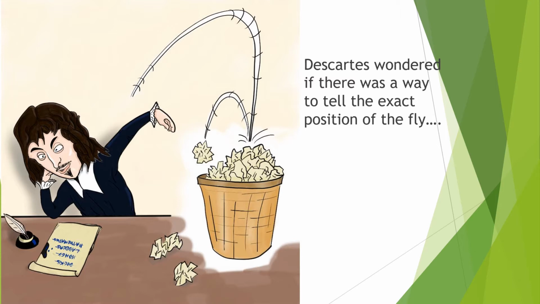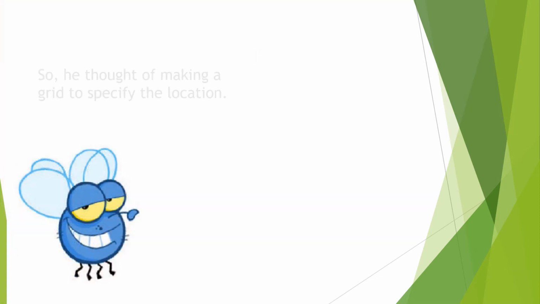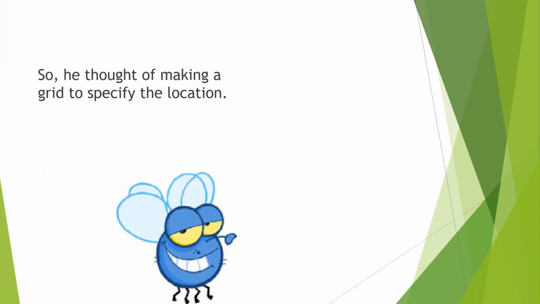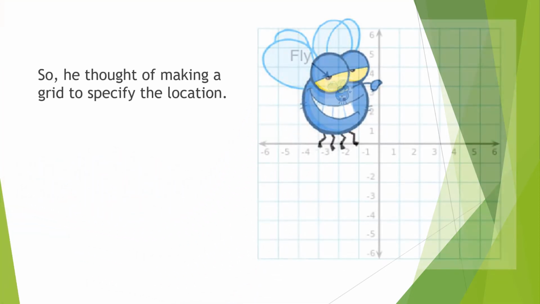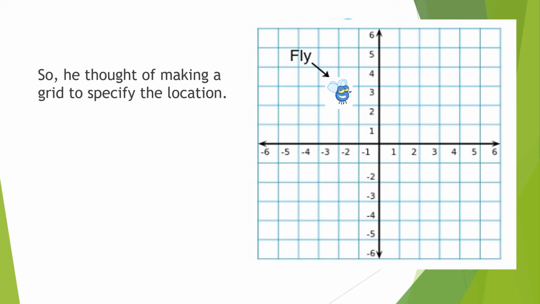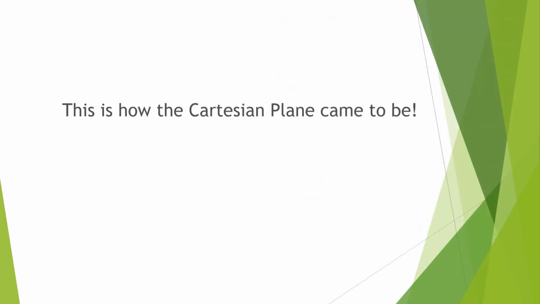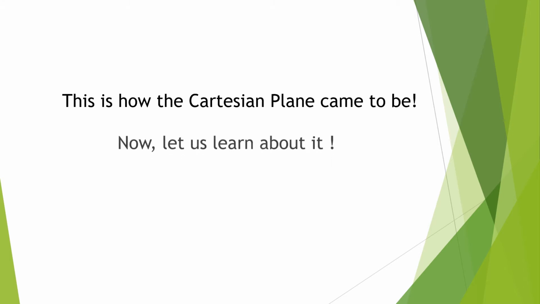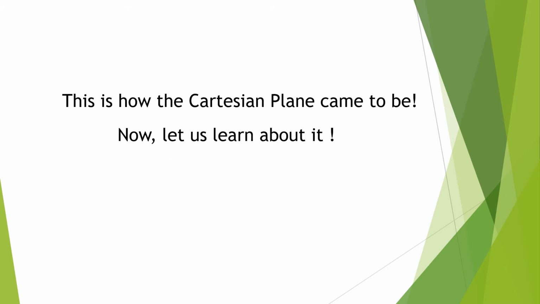He wondered if there was a way to tell the exact position of the fly. And so, he thought of making a grid to specify the location. And this is how the very famous Cartesian plane came to be. Now let us learn more about it.